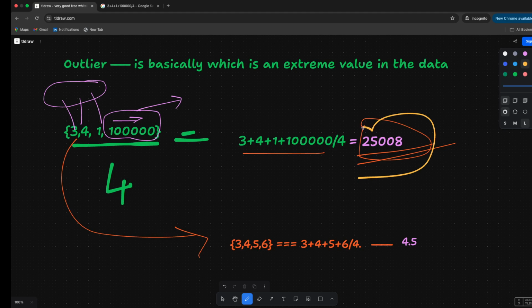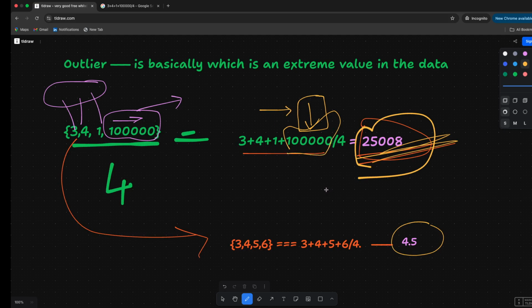See this value and see the difference here, right? By the presence of this outlier, the mean has shifted. It has shifted towards the outlier, or towards the higher value.